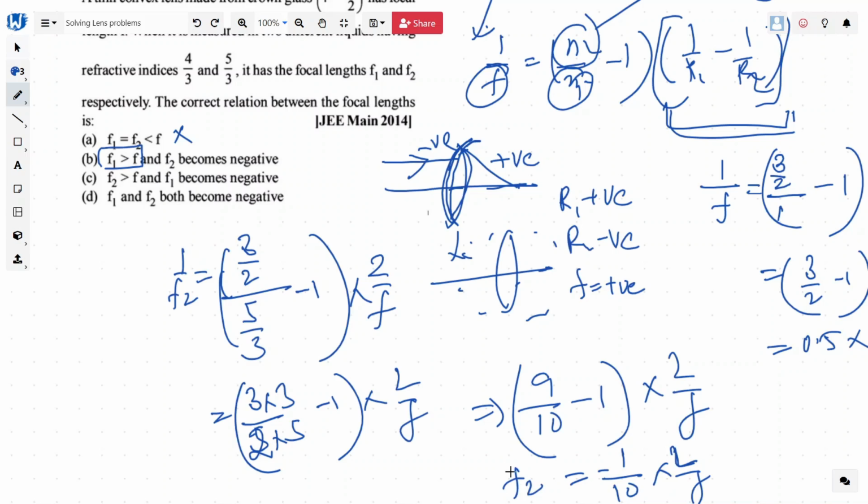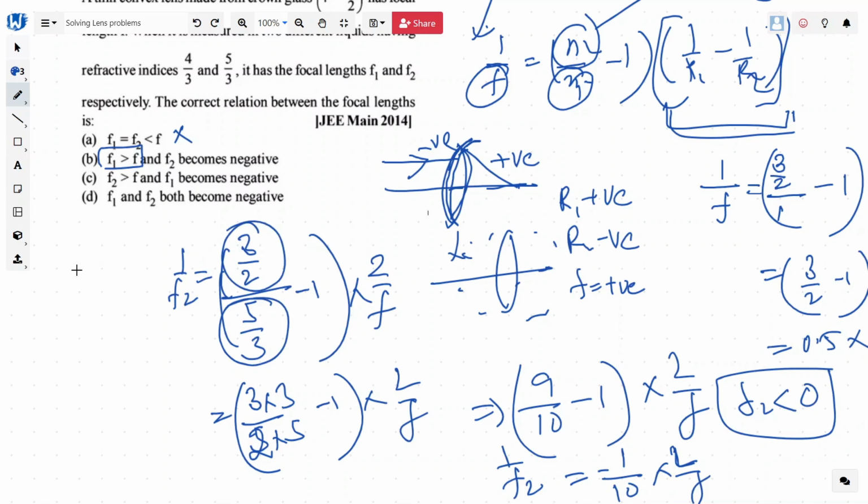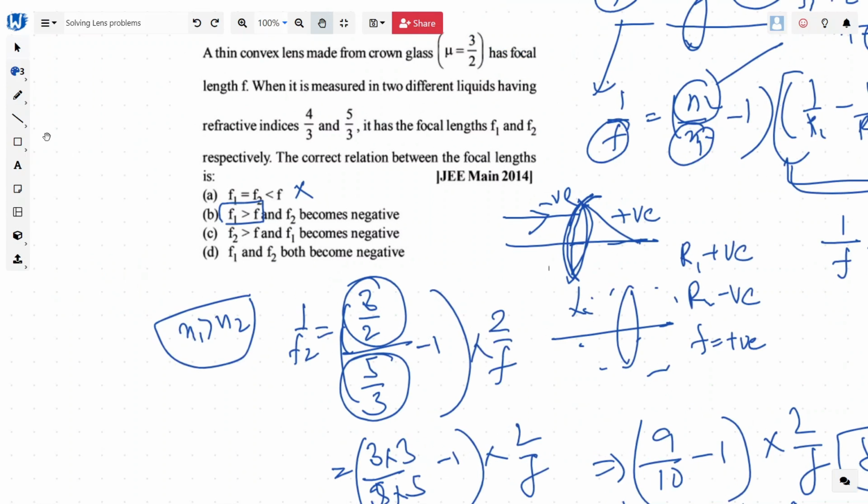So the F2 here is going to be less than 0, for a simple reason, because this number is bigger than this number, right? So now we have this n1 which is bigger than the refractive index of the lens, so that is going to be negative, and right now we have that, so F2 becomes negative, that is true.